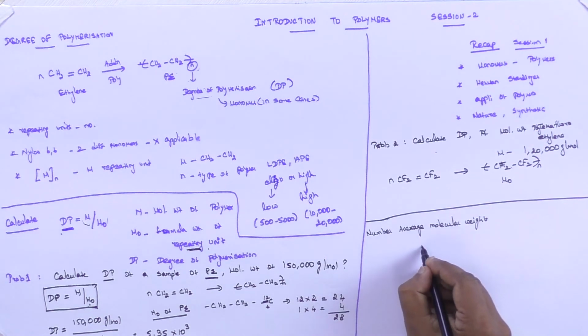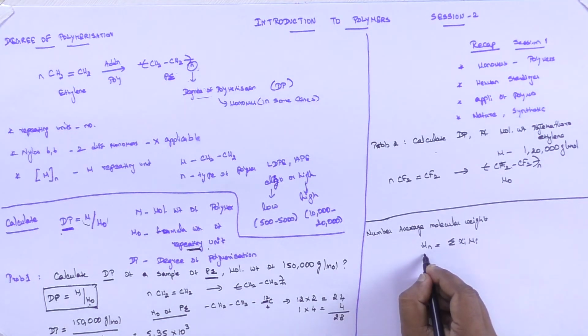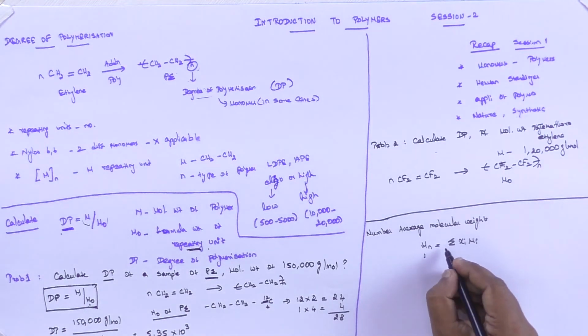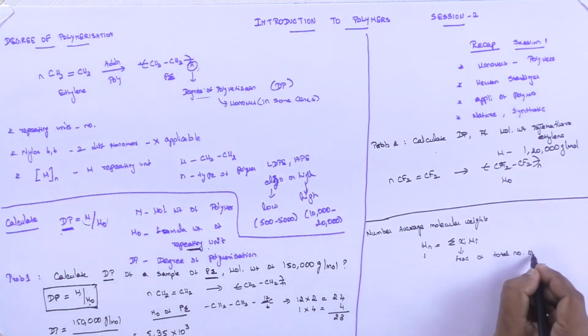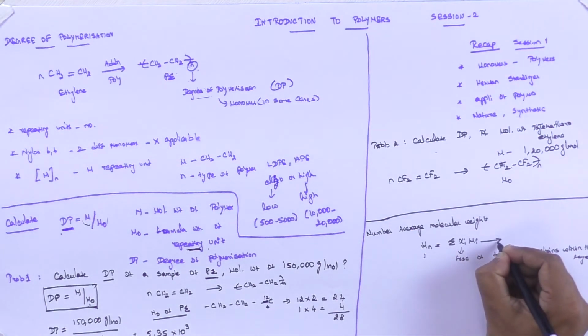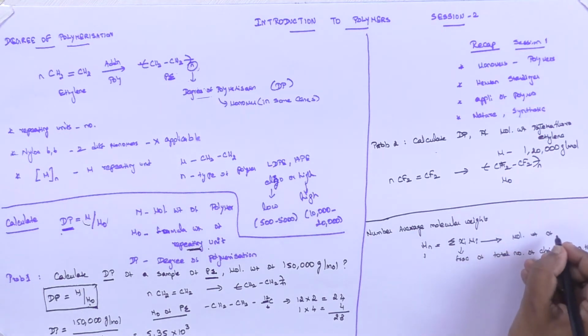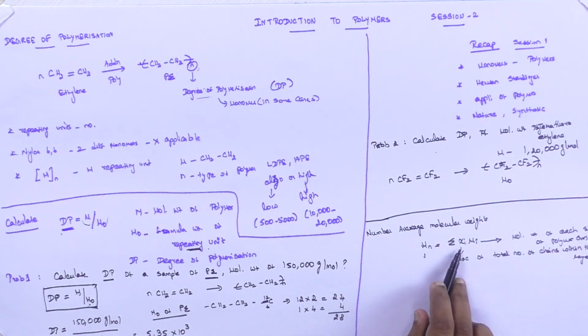Mn is equal to the summation of Xi Mi, where Mn is the number average molecular weight, Xi is the fraction of total number of chains within the range, and Mi is the molecular weight of each size of polymer chains. So, Mn is equal to sigma or summation of Xi Mi.